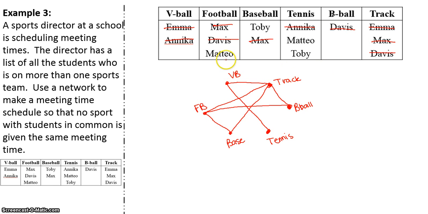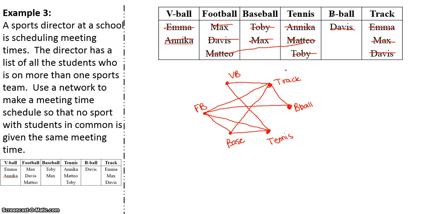Okay, so now Mateo's in football and tennis, and that is not connected yet, so we will connect that. And then Toby's in baseball and tennis, and that's not connected yet, so we'll connect that. Okay, so we've got everybody.